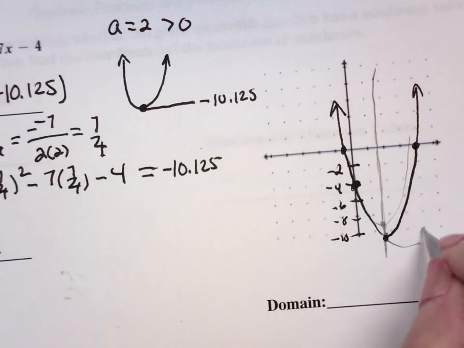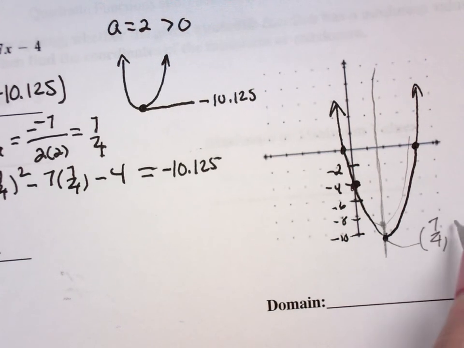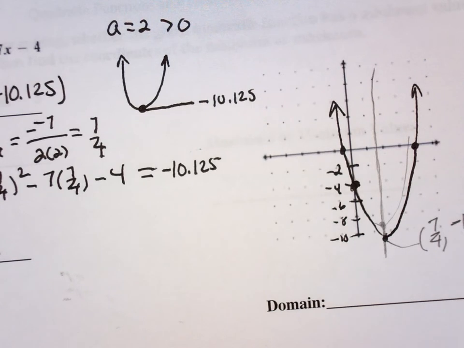So the x-coordinate is 7/4 and negative 10.125, right? So that's your vertex. Yeah. So it's an x-equals line. So it's the x-coordinate of the vertex. So it's x equals 7/4.